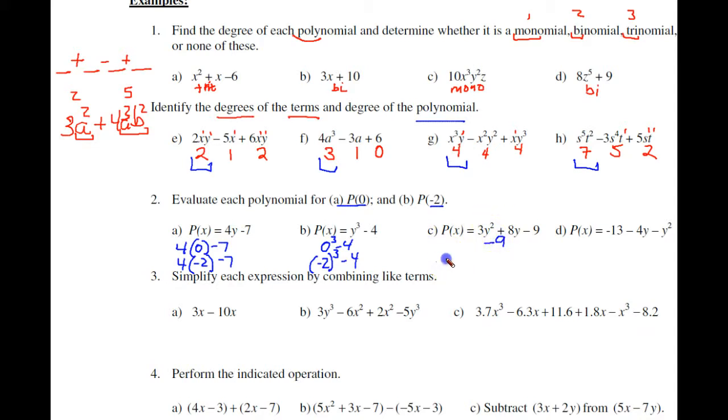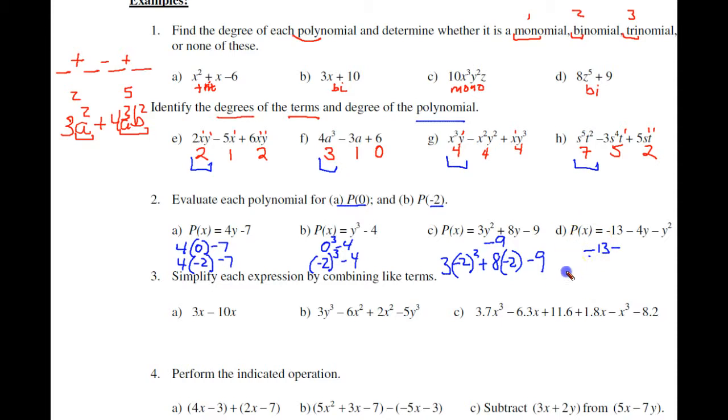And then for the others, 3 times negative 2 squared plus 8 times negative 2 and a negative 9. And here this is going to be a negative 13 minus, well, this is going to be a 0 and this is going to be a 0. So the first one is just going to be a negative 13.